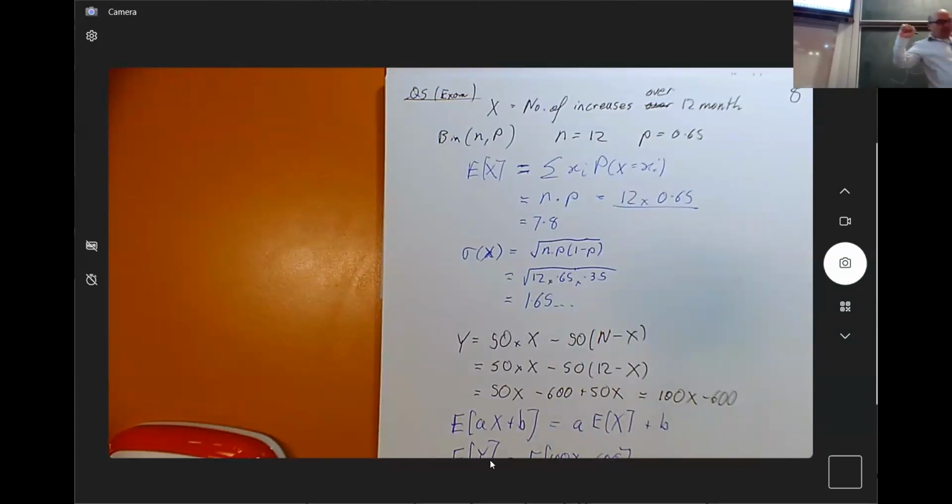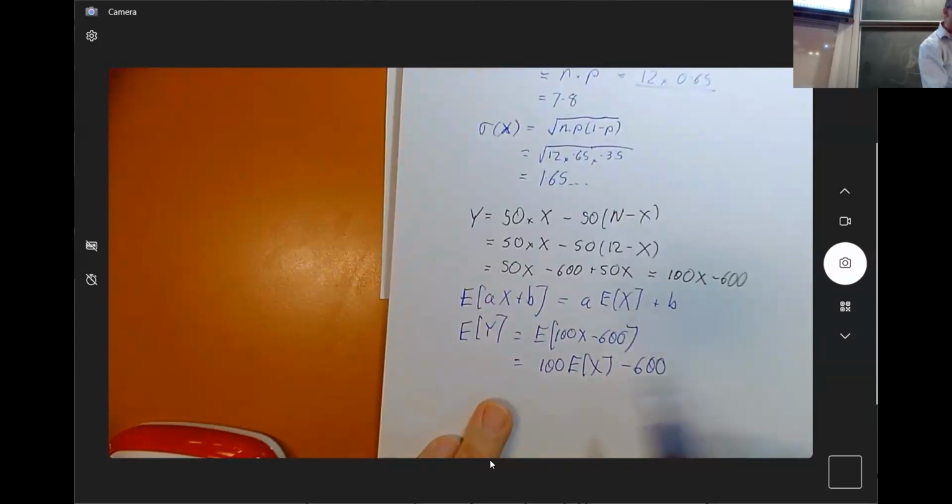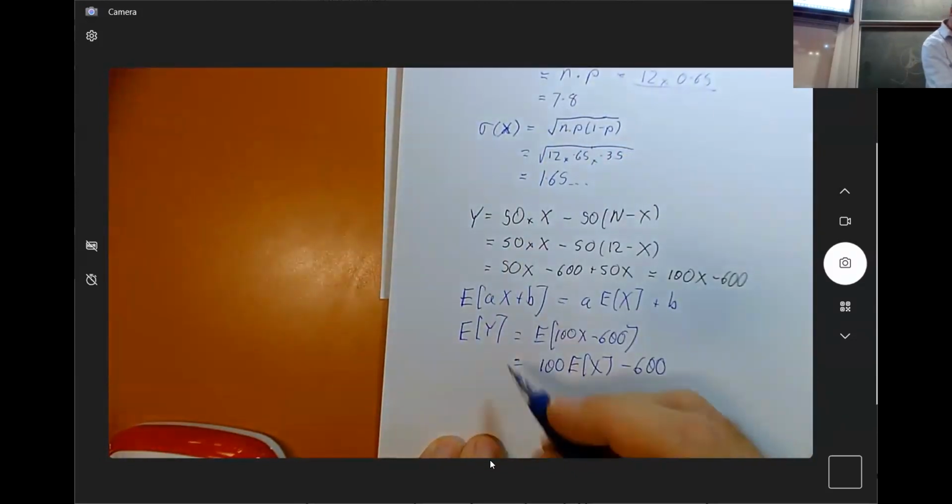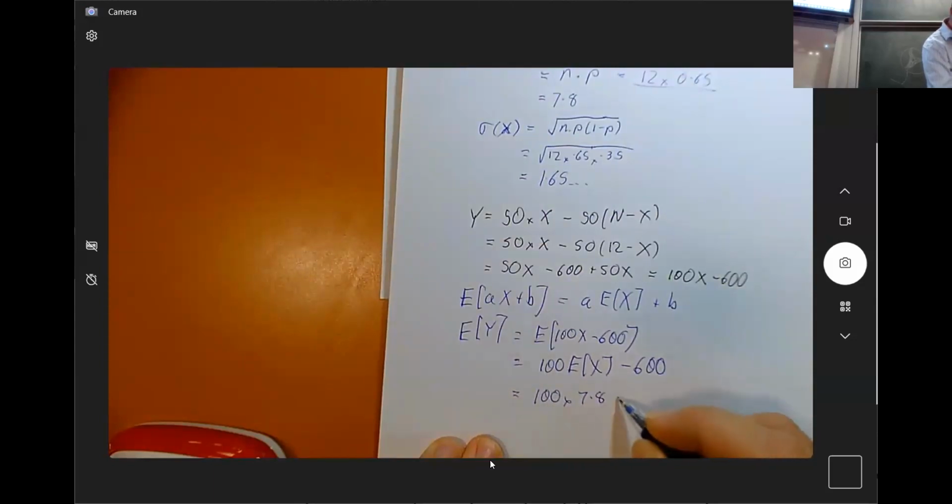Okay. Woohoo. But I've got my expected value of x right up here. So this is going to be 100 times 7.8 minus 600, which is 780 minus 600, which is 180.